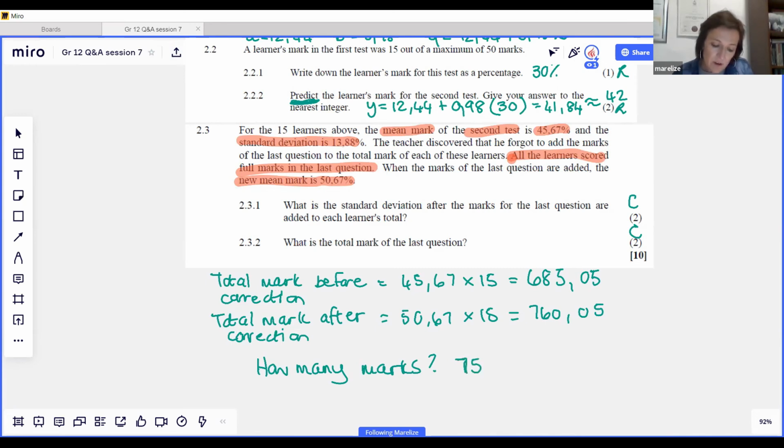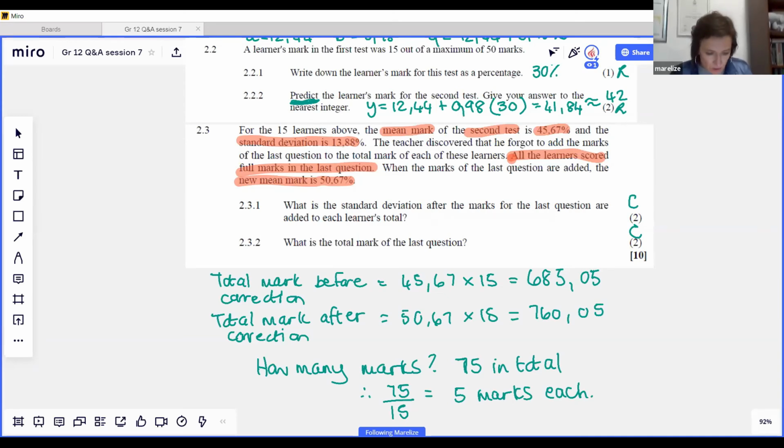So 75 marks in total. So that means each person, how many marks did each person get? 5 marks each. Okay, so that's just from playing around and using some of the information.